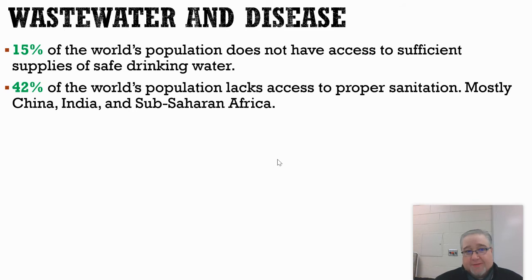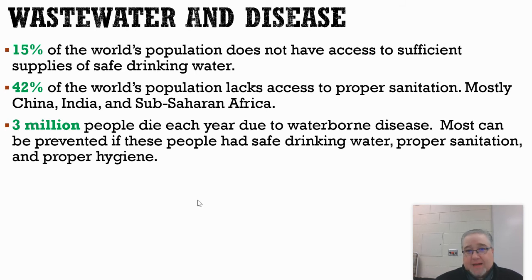Now, couple with that the fact that 42% of the world's population lacks proper sanitation. So that means they don't have a toilet. All right. Again, most of this is happening in the developing world, but that's a lot of people. Think about it, that's almost half the people in the world who don't have access to a toilet, at least in their homes.